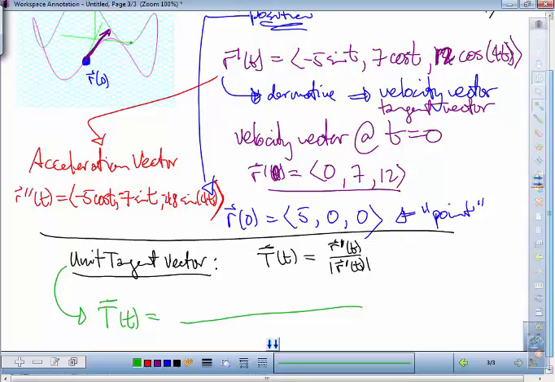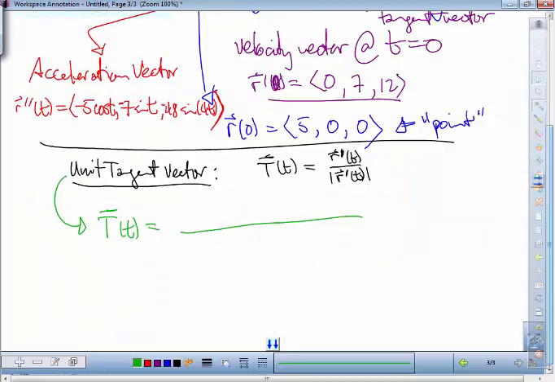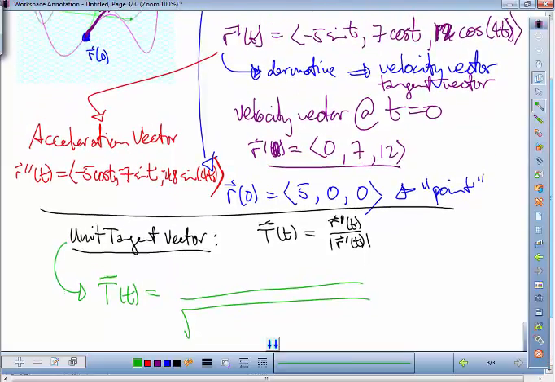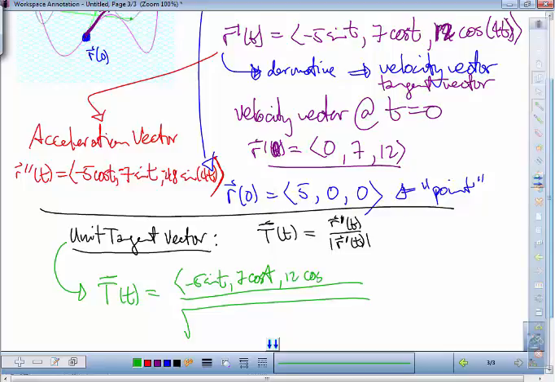So that's where you get this messy answer. So the vector itself is just negative 5 sine t, 7 cosine t, 12 cosine 4t, and then 5 sine t squared.